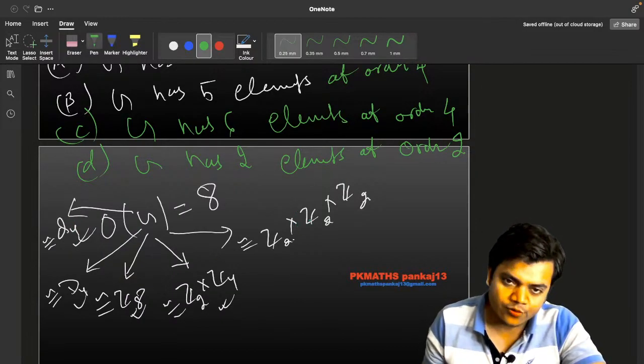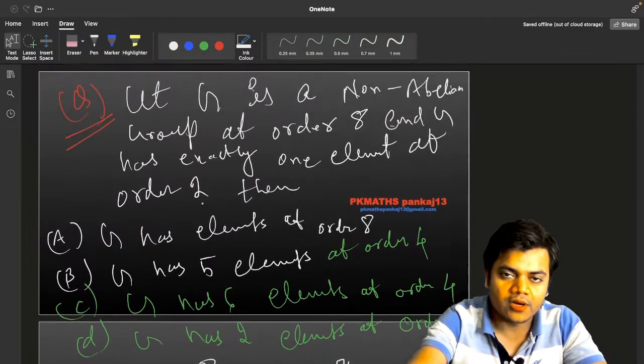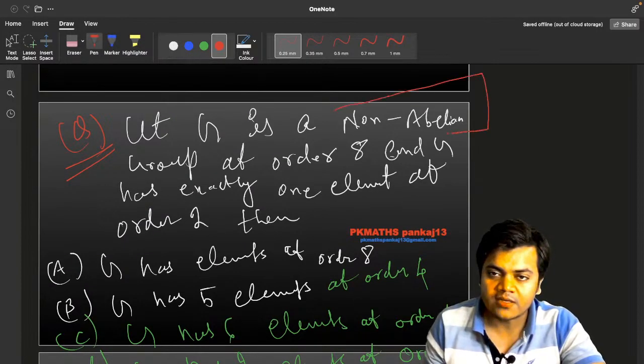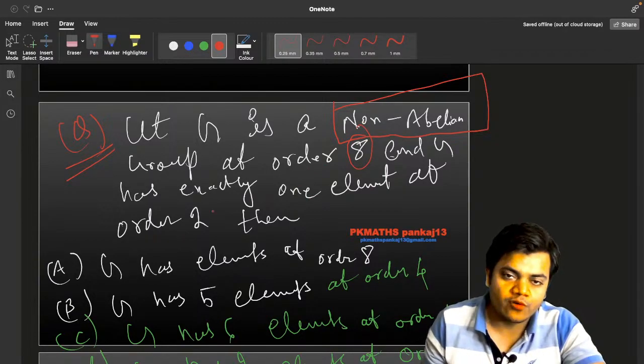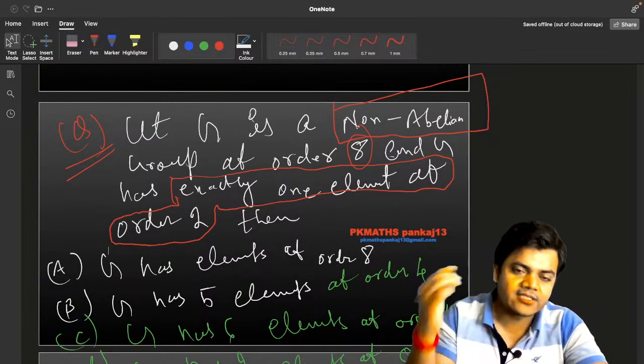But one thing is given in the question, that G is non-abelian, its order is 8, and it has exactly one element of order 2. These are also conditions. So these conditions will give you the link to say exactly which group G is isomorphic to.